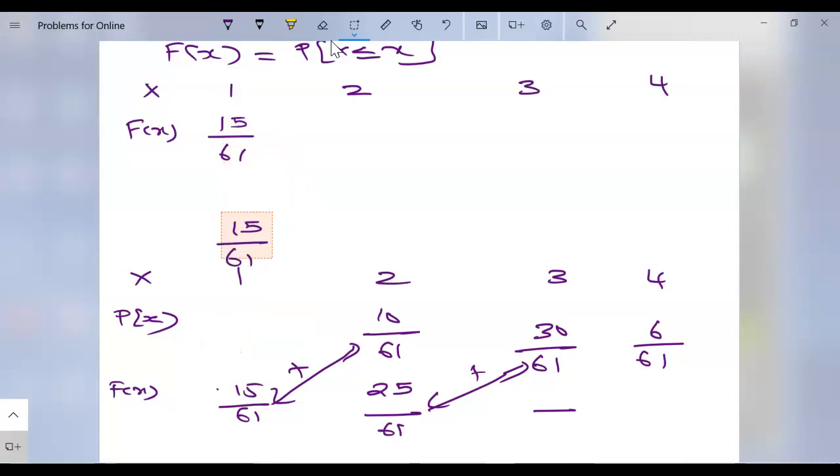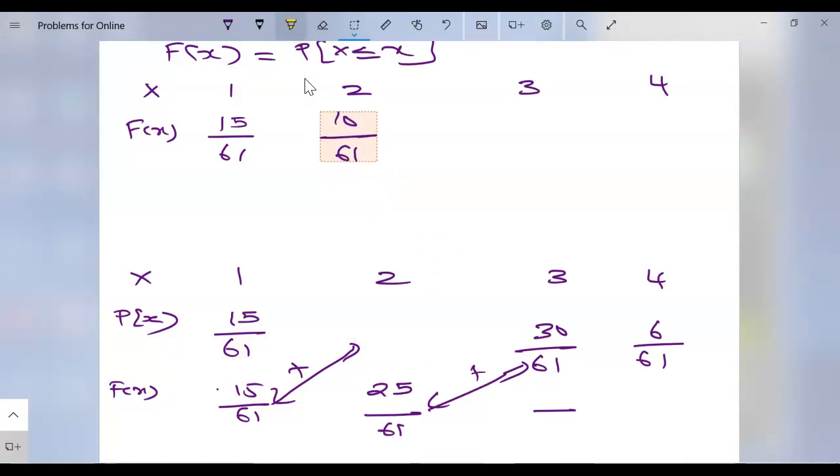Next, the second value will become: I take this 10 by 61 plus the before. What is this value? 15 by 61. The before means this value. So 10 by 61, and I will get 25 by 61.